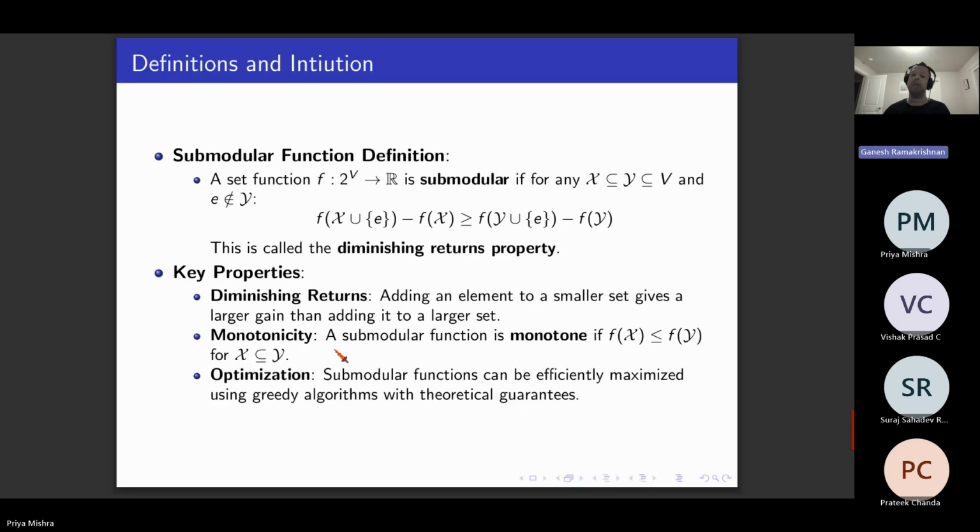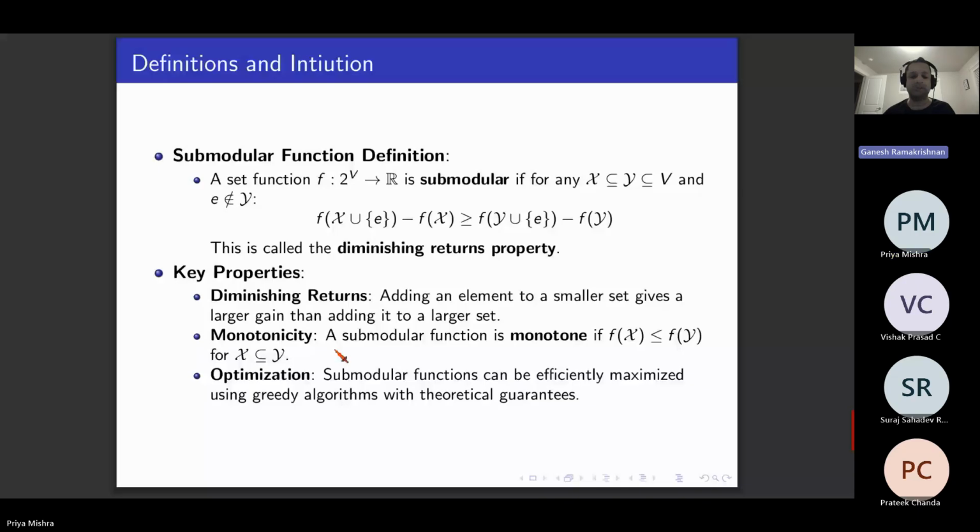What happens, for example, when the original base function is graph cut? Let's take a specific example. What does the paper say, when f is graph cut, about the submodularity or the nature of f of x union e minus f of x? Sorry, what I meant is the information gain variant of f.